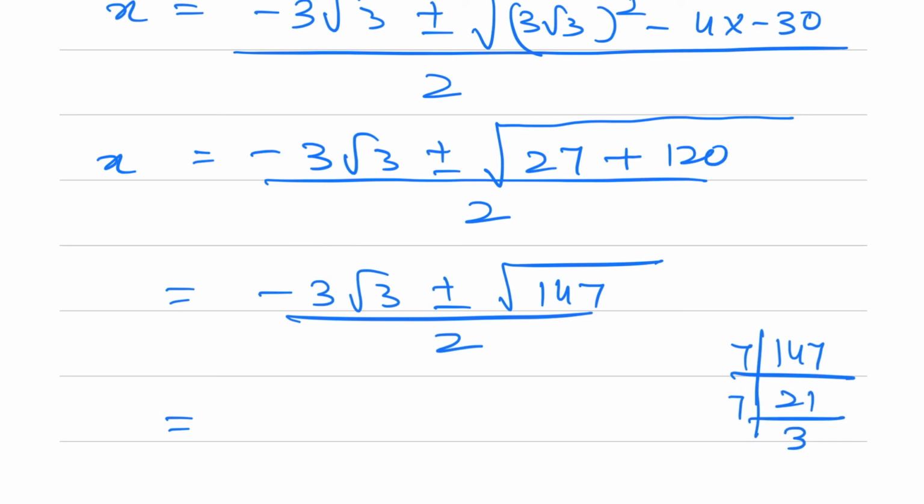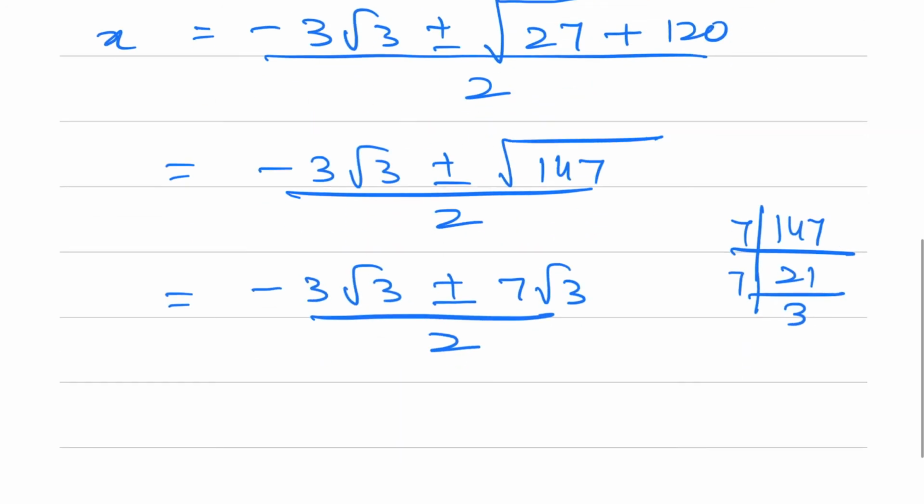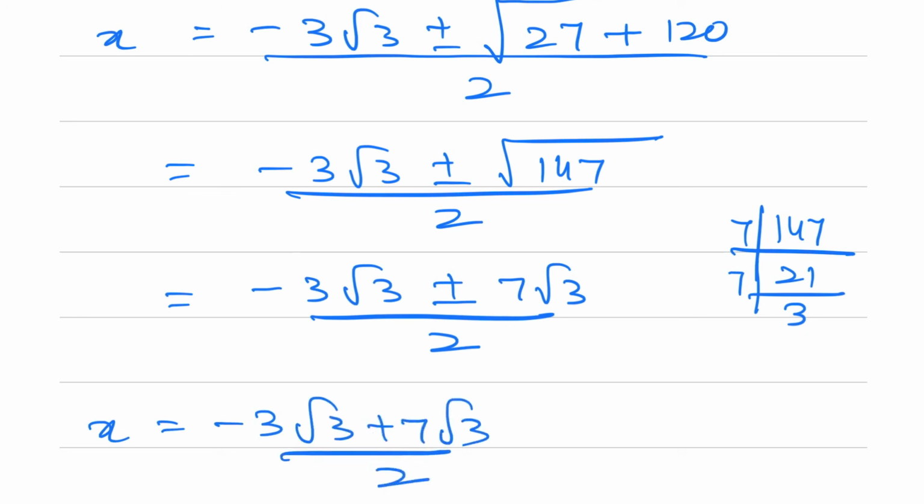So I can write down minus 3 root 3 plus minus 7 root 3 by 2. So my x is equal to minus 3 root 3 plus 7 root 3 by 2 or minus 3 root 3 minus 7 root 3 by 2.